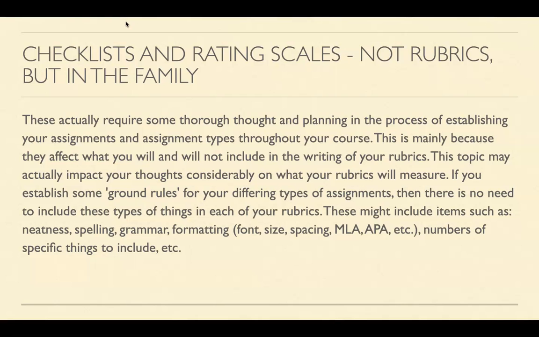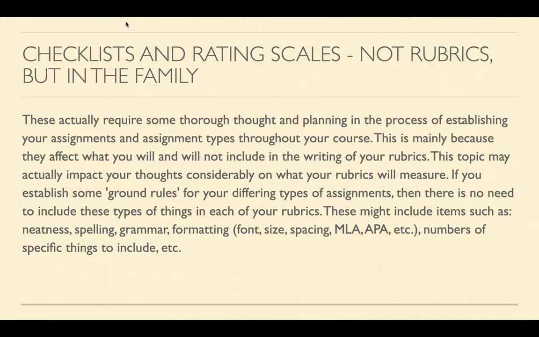This topic may actually impact your thoughts considerably on what your rubrics will measure. If you establish some ground rules for your differing types of assignments, then there's no need to include these things in each of your rubrics; they would instead be included as part of the instructions for the assignment.